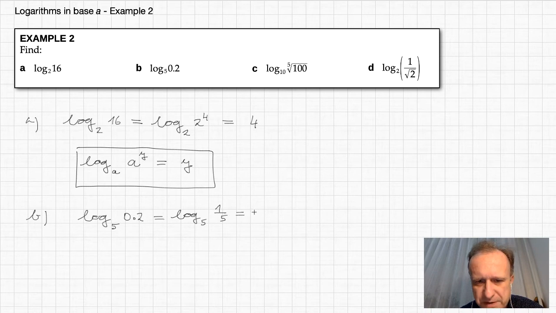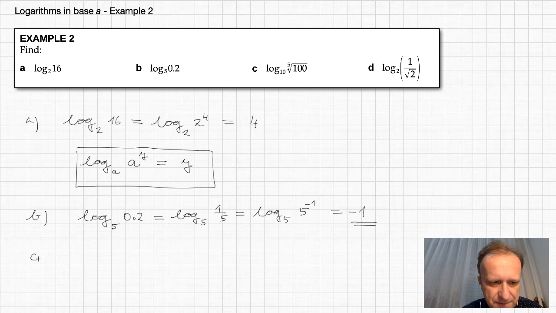So we can express it as the logarithm in base 5 of 5 to the power of -1, because 1/5 is 5 to the power of -1. And now again you have this formula here. So it's the logarithm in base 5 of 5 to the -1, so it must be -1. Okay, and this is the answer.